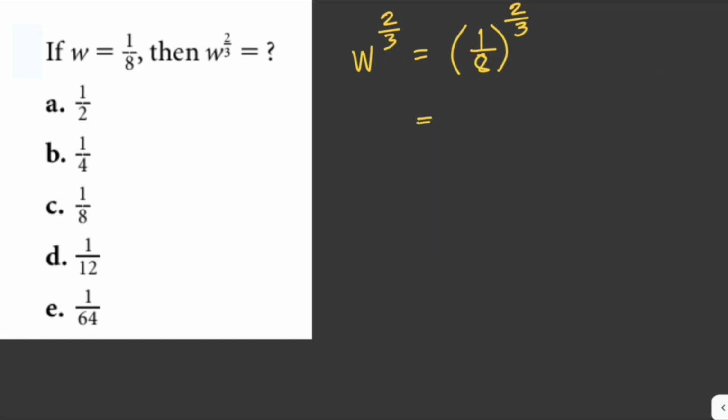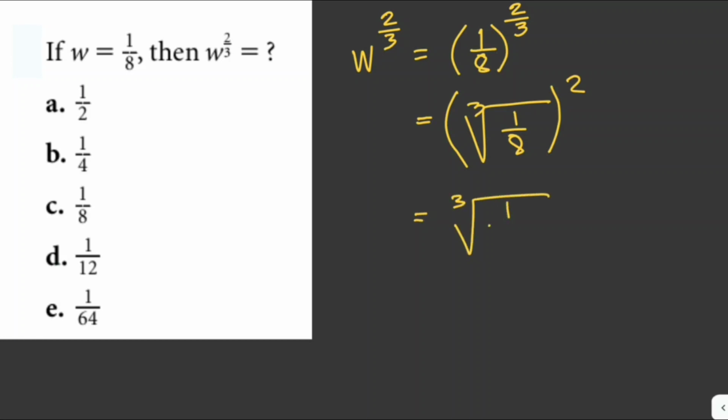So we can write this as the cube root of 1 over 8 raised to the power of 2. So the square of the cube root of 1 over 8. And we can write 1 over 8 as 1 over 2 cubed, raised to the power of 2.